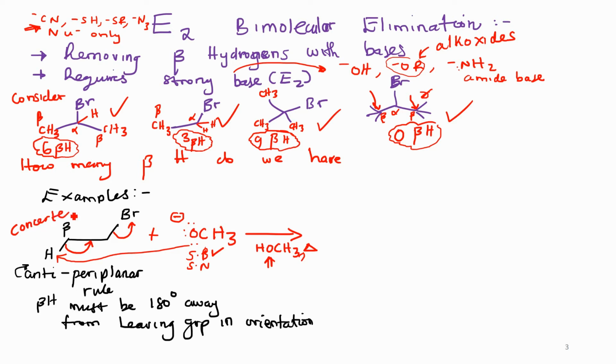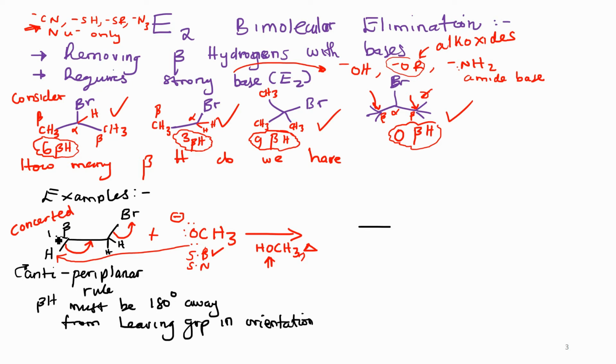The reaction happens at once, no formation of carbocation. So you take out the beta hydrogen as you lose the leaving group. Guess what you're going to be making? A double bond.